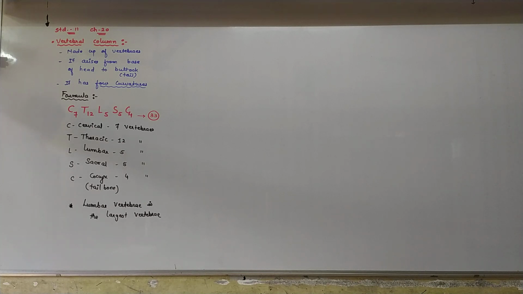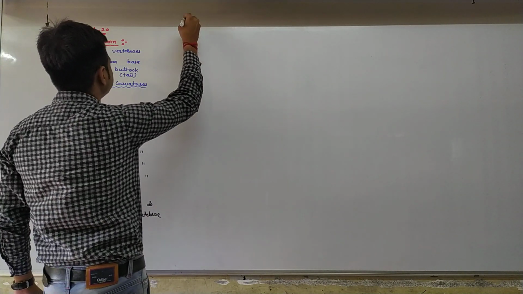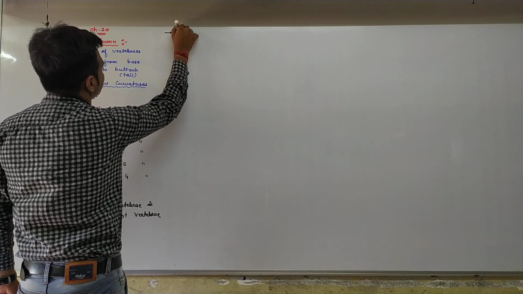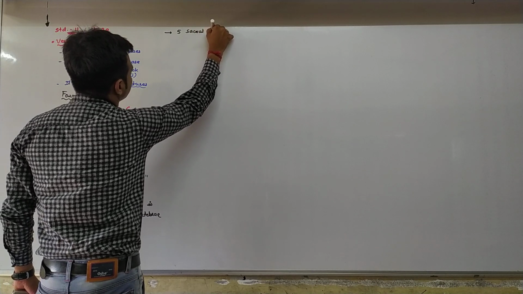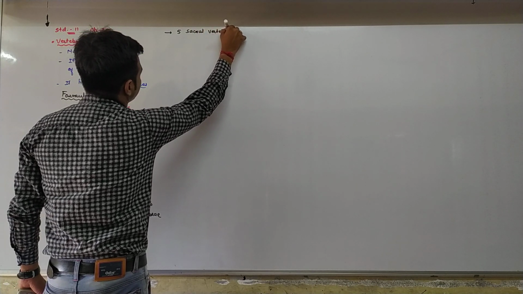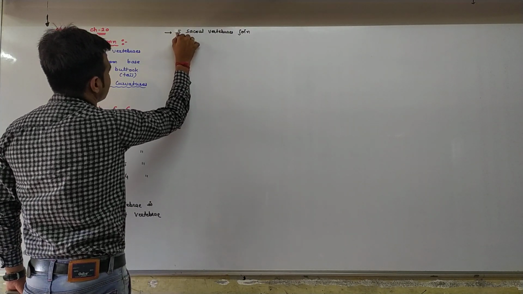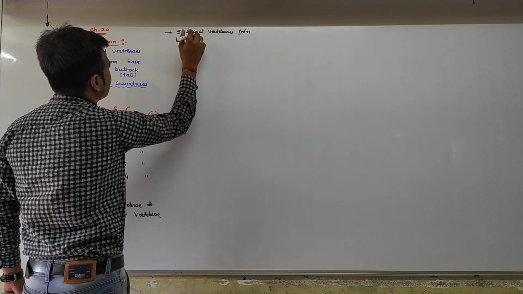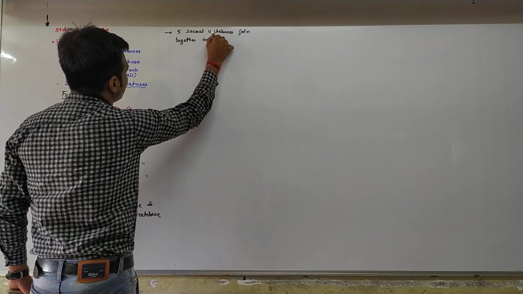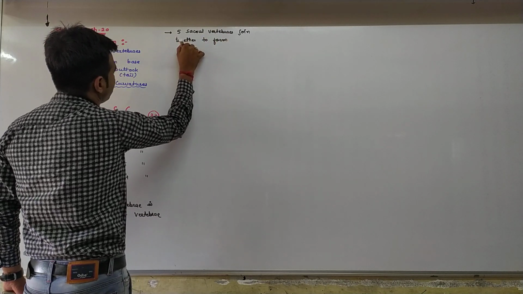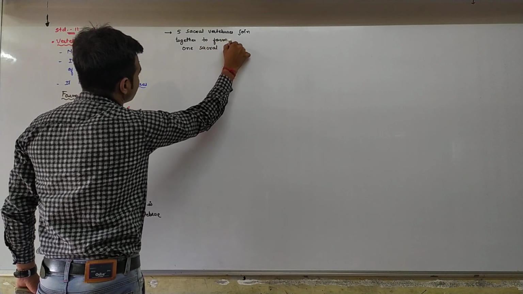Fine. But now the main important point is this: the 5 sacral vertebrae join together to form one sacral bone.